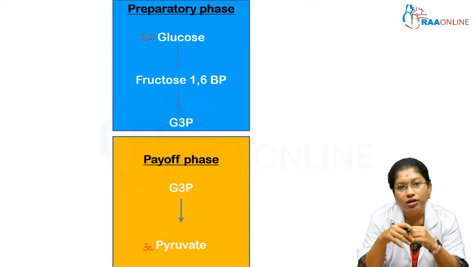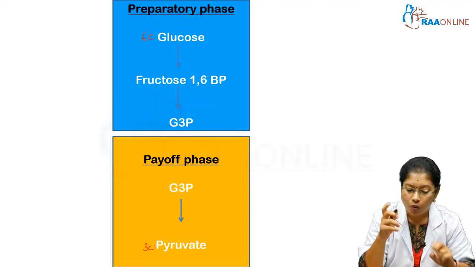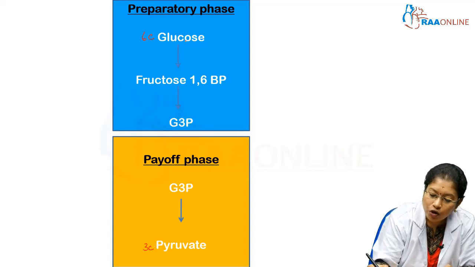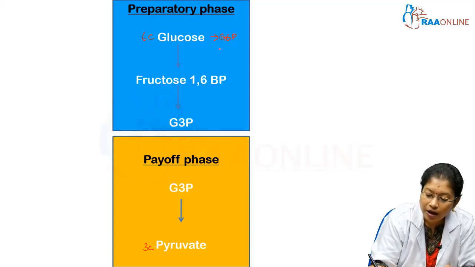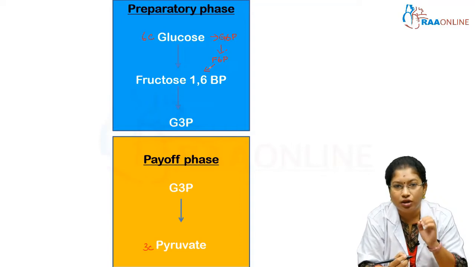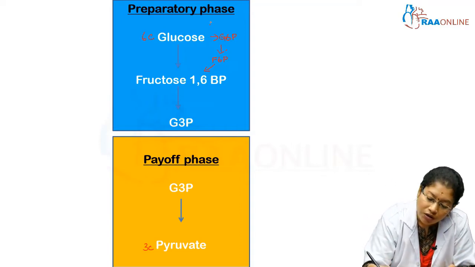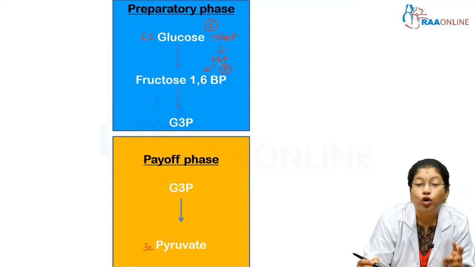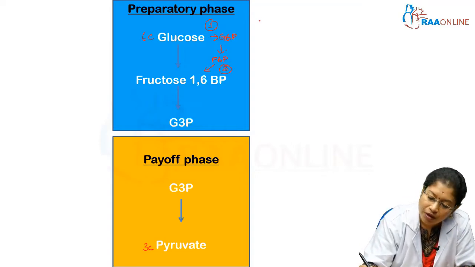But in glycolysis, there are two priming reactions. One is from glucose to glucose 6-phosphate, then to fructose 6-phosphate, which becomes fructose 1,6-bisphosphate. So the 1st and 3rd reactions are the two priming reactions.